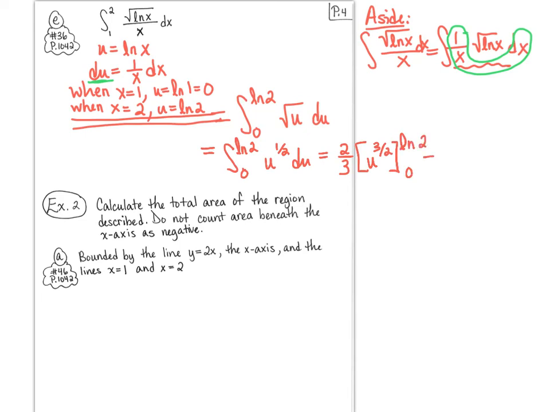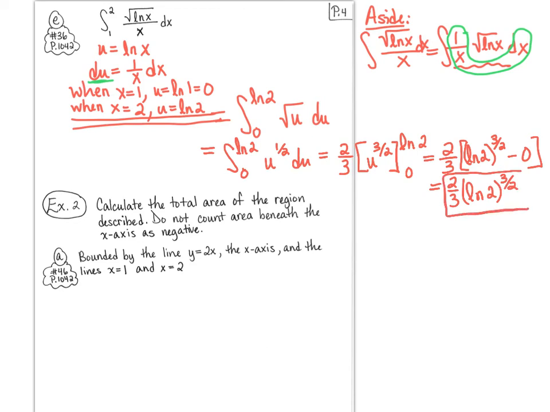And now we have that this is 2/3 times the natural log of 2 raised to the 3/2 minus 0. Well, that gives us 2/3 natural log of 2 raised to the 3/2.